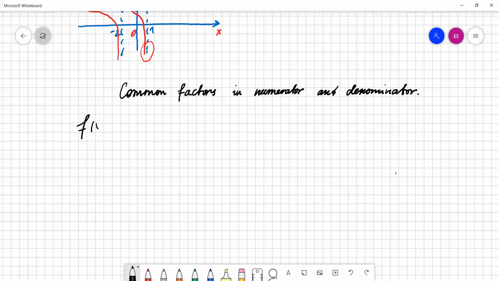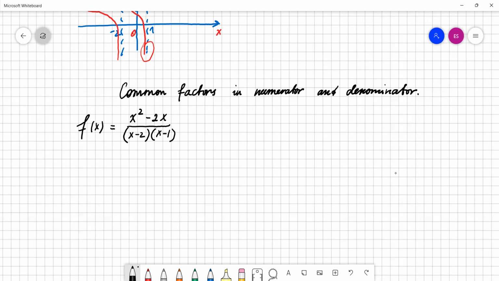Let's consider the first example. f of x equals x squared minus 2x, divided over x minus 2, x minus 1.